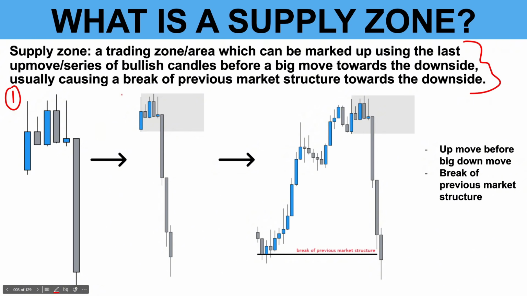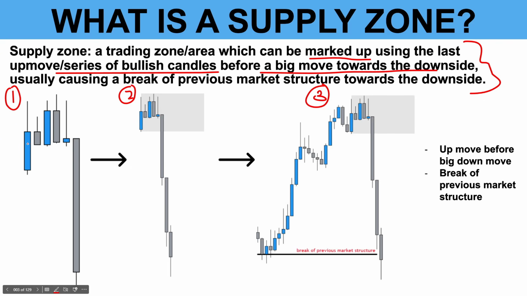We have step 1, step 2, and then step 3. So step 1 is understanding that a supply zone is a trading zone or area which can be marked up using the last up move or the last series of bullish candles before a big down move towards the downside. So what does that look like?